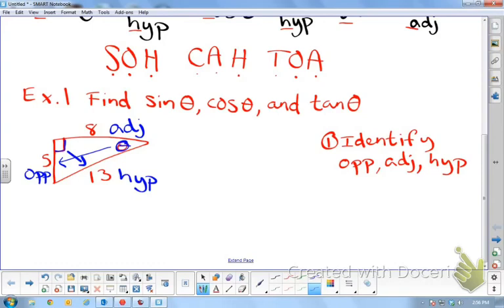So now we know which one's opposite, which one's adjacent, which one's hypotenuse. Now we just plug them into the trig formulas.